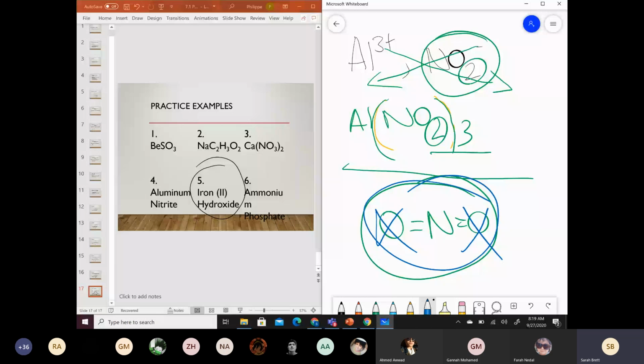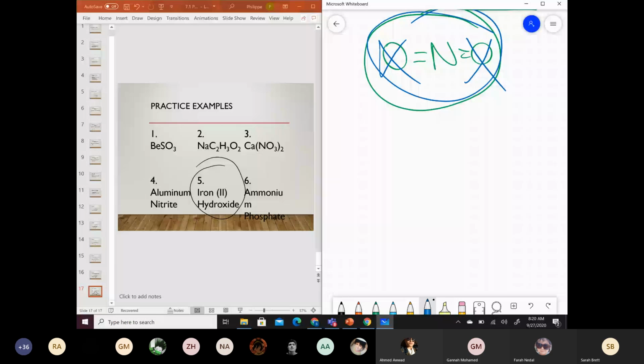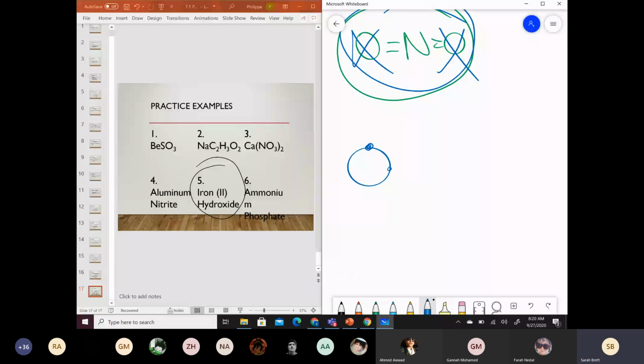Because look, we have 1 aluminium, and then we have 3 nitrite, okay? Because remember, guys, when I did the drawing yesterday, and I'll do it again. So we have aluminium. Aluminium has 3 to give, because it has a 3+. In order to make an ionic compound, we want it to be stable. Remember, nitrite is in fact an ion on its own. It has a minus, which means it needs 1. So we know aluminium can give 1, but that means that our aluminium is still sad.